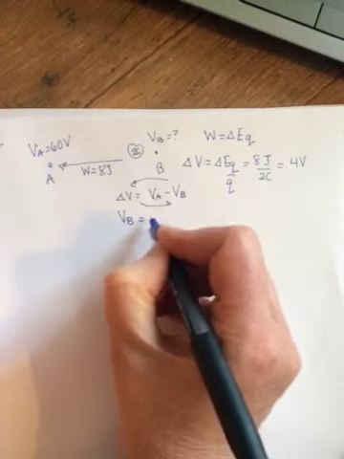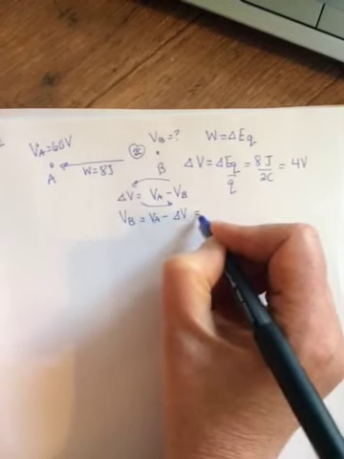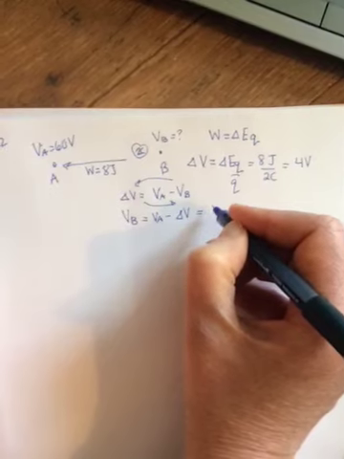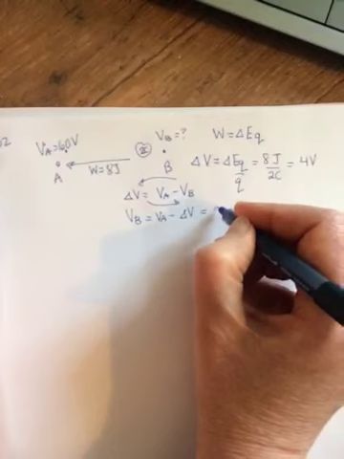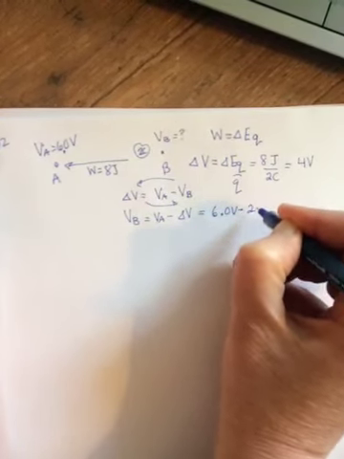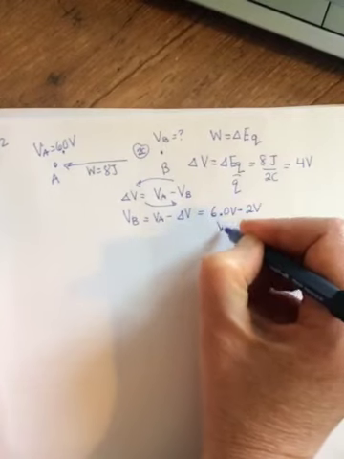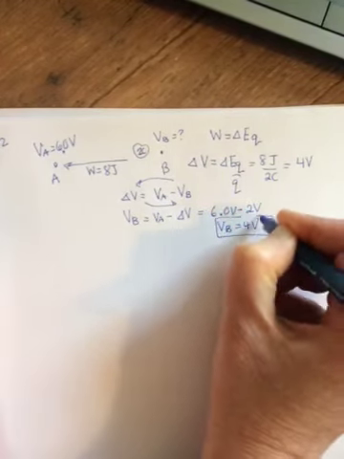VB should be equal to VA minus delta V. So it should be equal to 6 volts minus 2 volts.